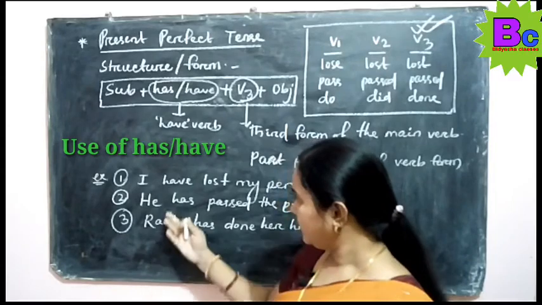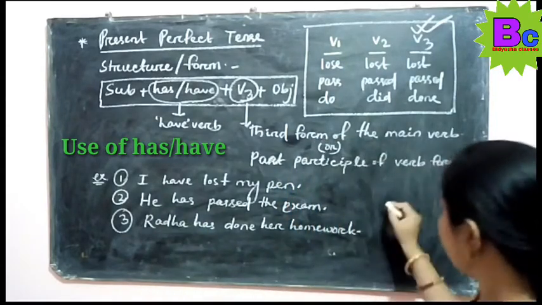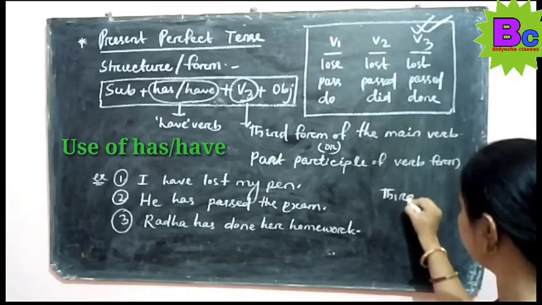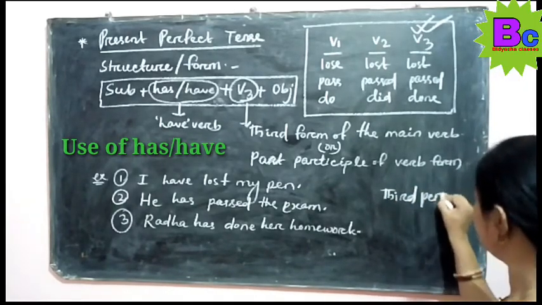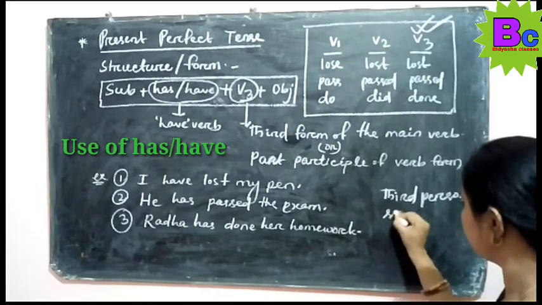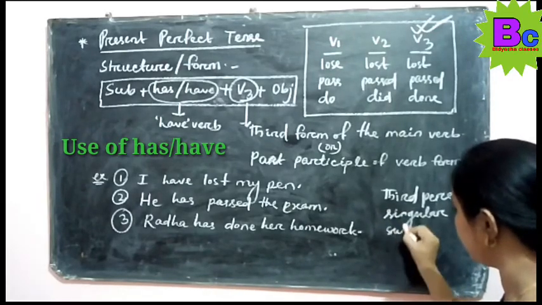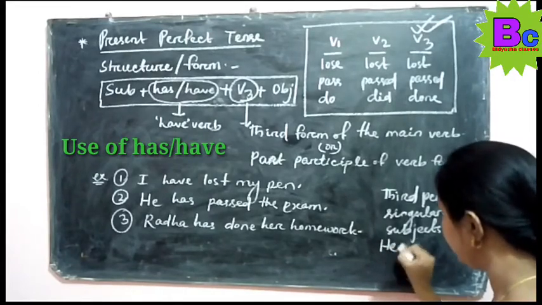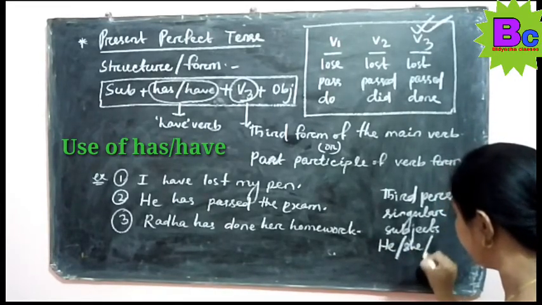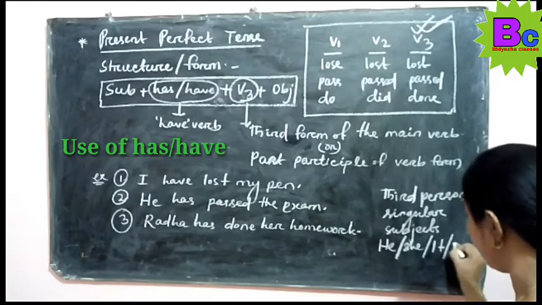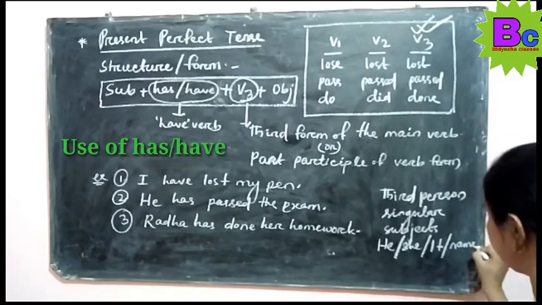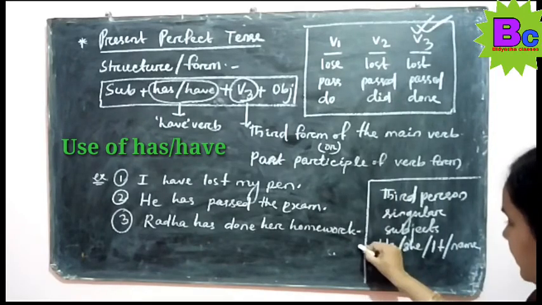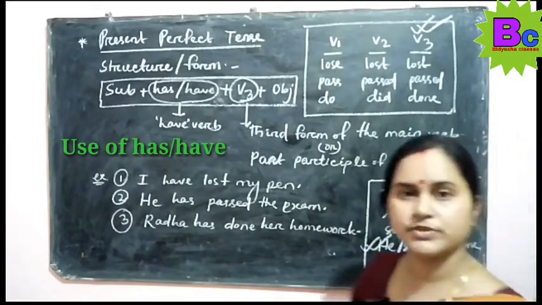The third person singular subjects are he, she, it, and any name. Only they take has with them.